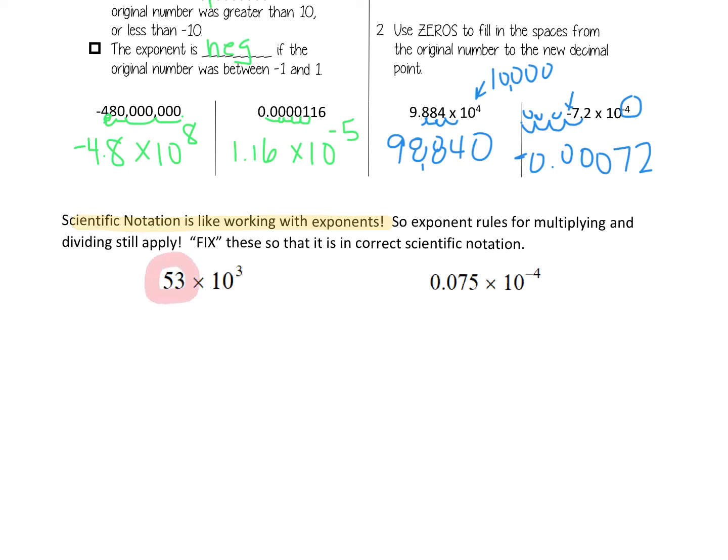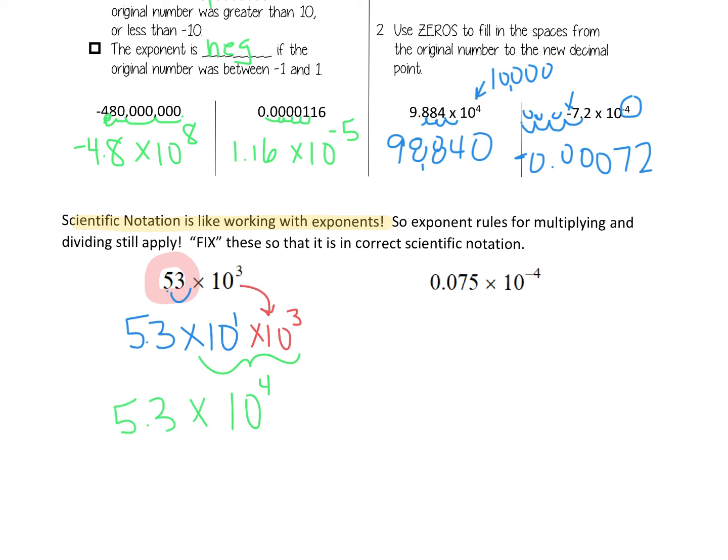I'm going to take that 53 and convert it into scientific notation. So it's going to be 5.3 times 10 to the first, because I had to move the decimal point one time. But I still have this times 10 to the third from the original problem. And hopefully you remember, if I have same bases, I can add my exponents. I have 10 to the first and 10 to the third, so that's 10 to the fourth, with that still 5.3.